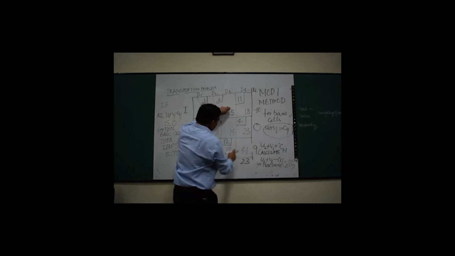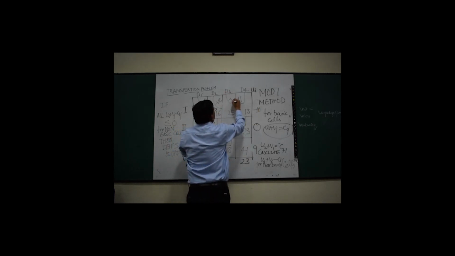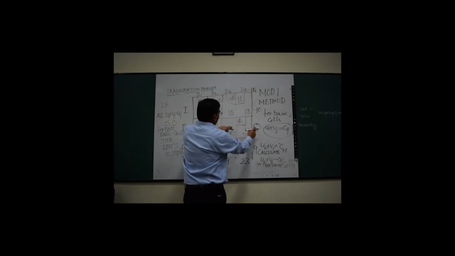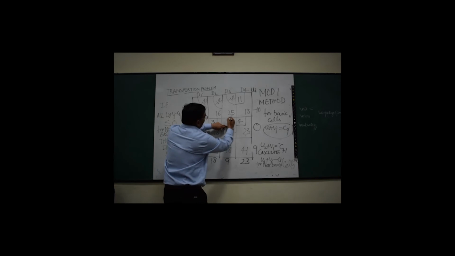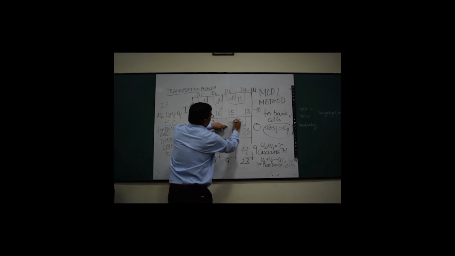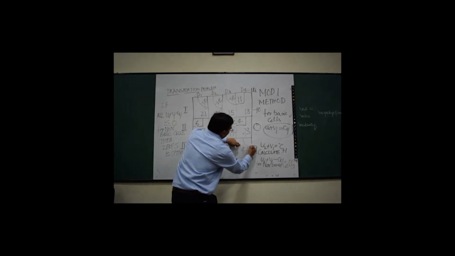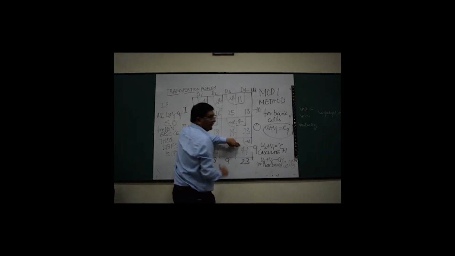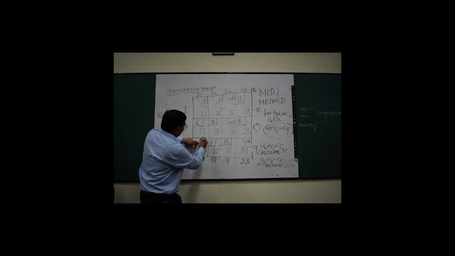Again, minus 10 plus 9 minus 8, this is negative. Again, 0 plus 9 minus 14 is negative. This plus this minus 41 is negative. And 9 plus 17 minus 32 is negative.